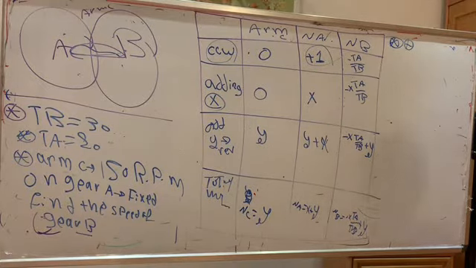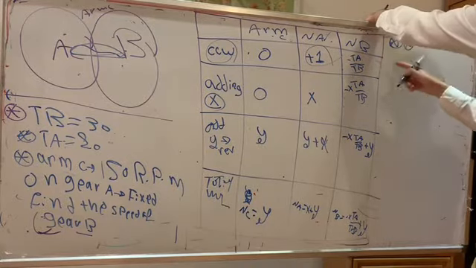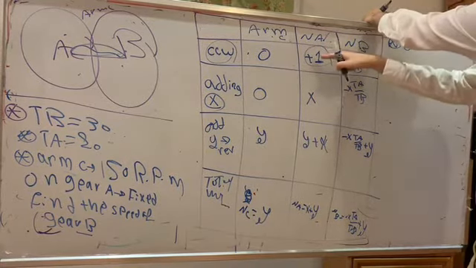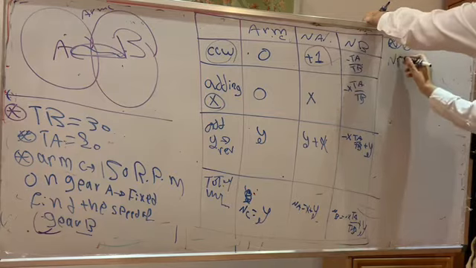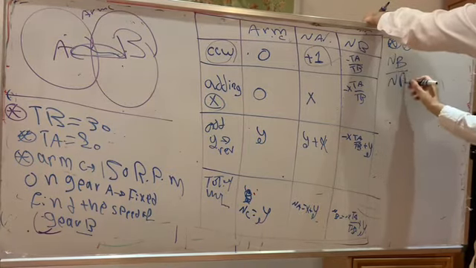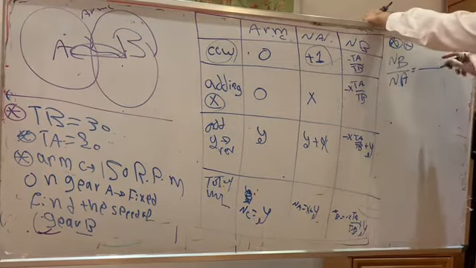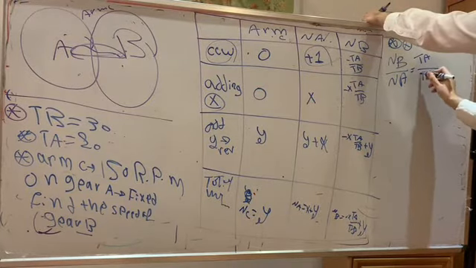Okay, let's do the ratio. I have NA as the input, so NB over NA equals the opposite, TA over TB.